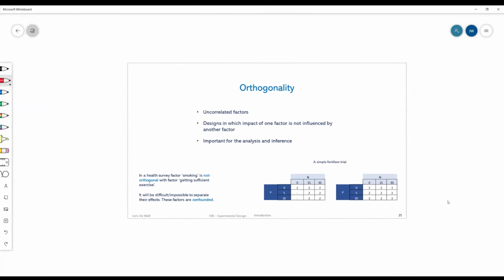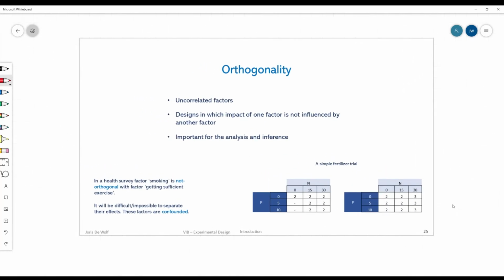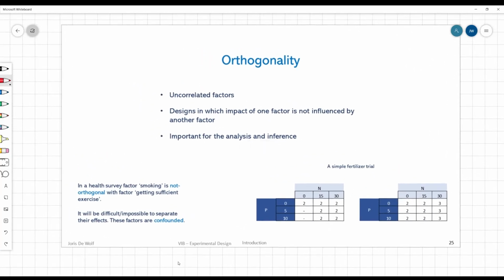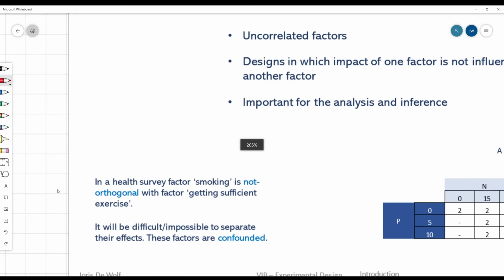And explaining orthogonality is probably easiest by explaining what is not orthogonal, and therefore I had this example on a survey, so not an experiment but a survey, and you would like to observe something, and you split up the people that you observe into smokers and non-smokers, and people that get sufficient exercise and people that don't get sufficient exercise.